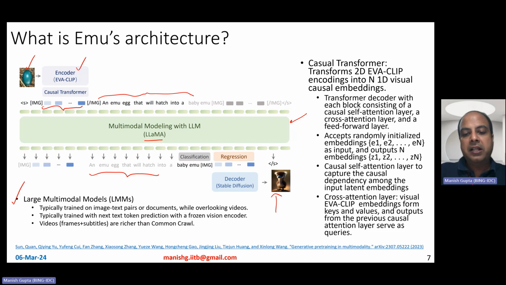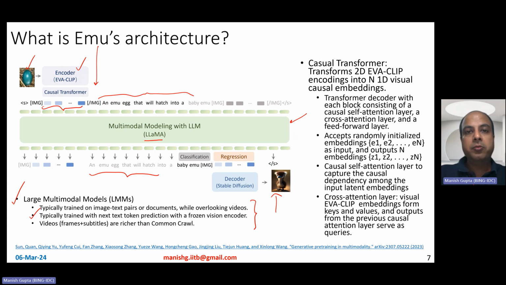But typical large multimodal models have some drawbacks. For example, typically they are trained on image text pairs or documents while overlooking videos, but there is so much to learn from videos, right? So EMU has been pre-trained on videos as well. Typically, large multimodal models are trained with next text token prediction with a frozen vision encoder. So you have a vision encoder and you have text, and next text token prediction is what these models typically do.